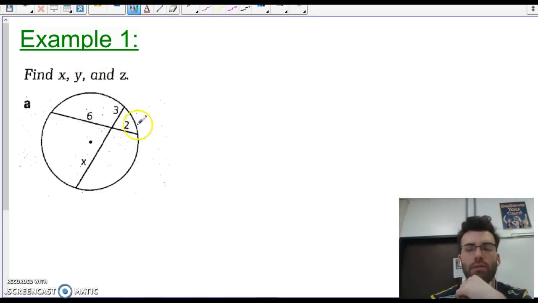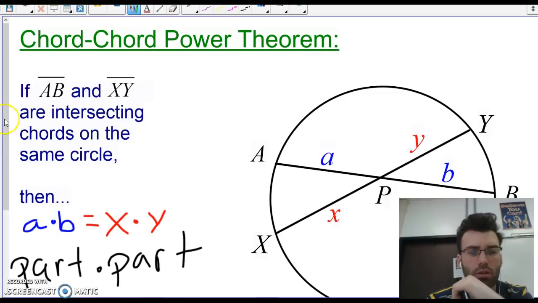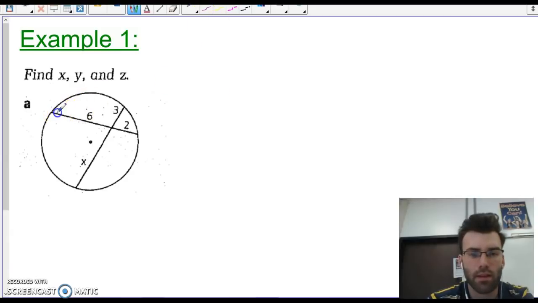For example 1, part A, we're just going to be finding x. First of all, we have a chord here. So we'll use the chord power theorem, where we go A times B equals X times Y. The part times the part, so 6 times 2 equals this part times this part, 3 times x.